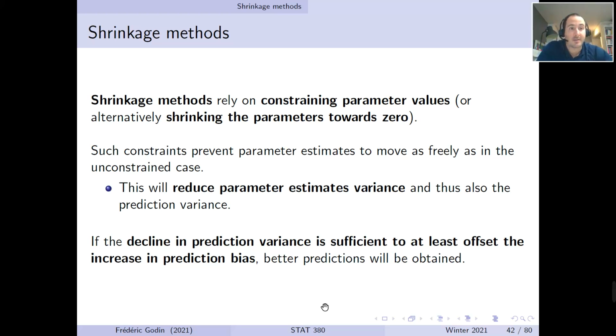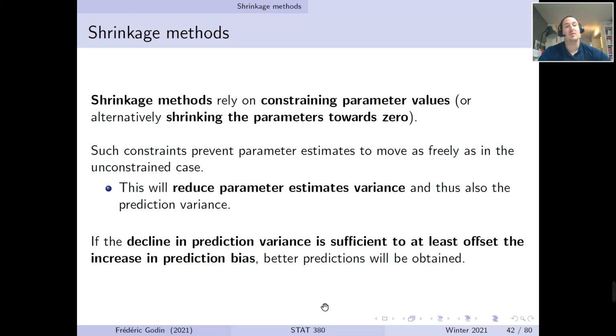On the downside, constraining parameters will incorporate bias into the predictions, because sometimes the predictions might be a bit smaller than they would be if there were no constraint on parameters. But the idea here is that if the decline in variance obtained is sufficient to at least offset the increase in bias, then we will have better predictions.